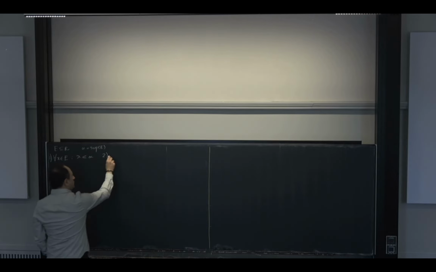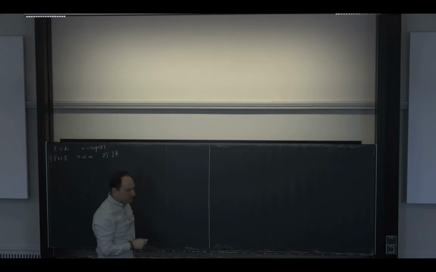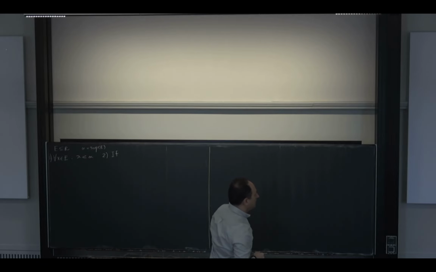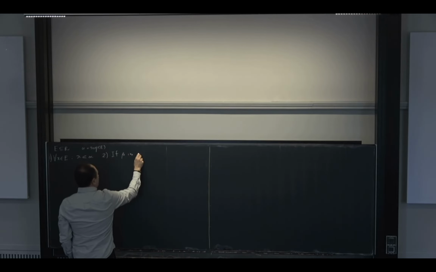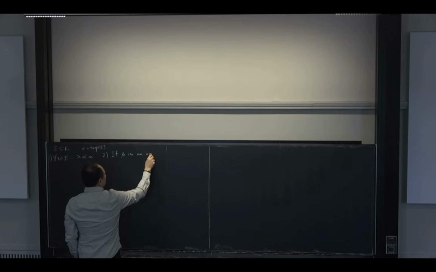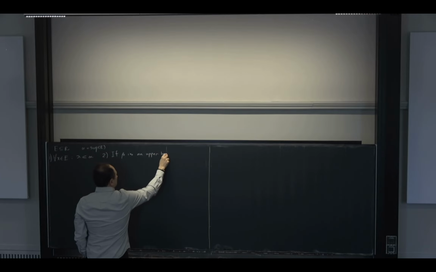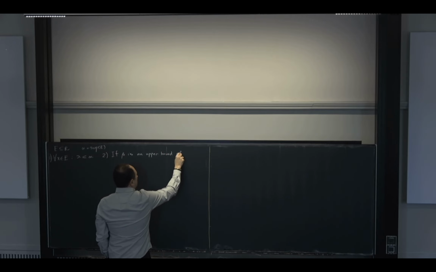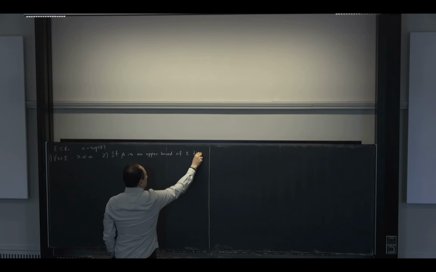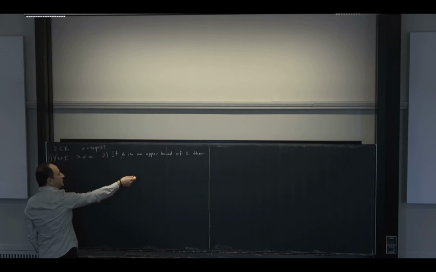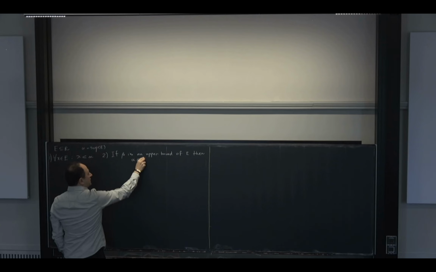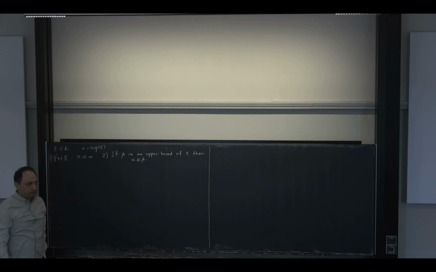Number two, if, what letter have I chosen? Yes, beta. If beta is an upper bound of E, then what happens? Because alpha is supposed to be the smallest one, alpha should be less than or equal to beta.